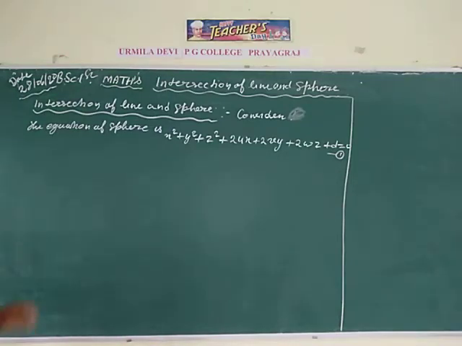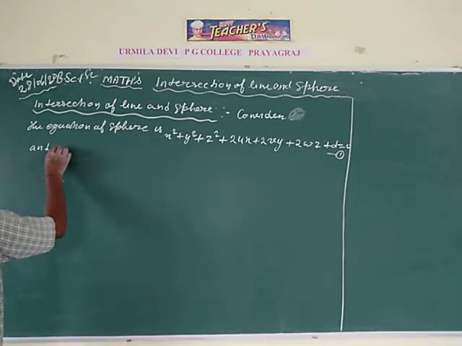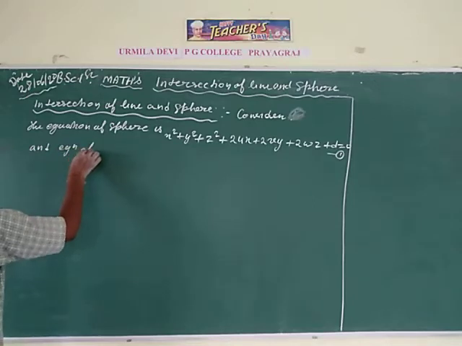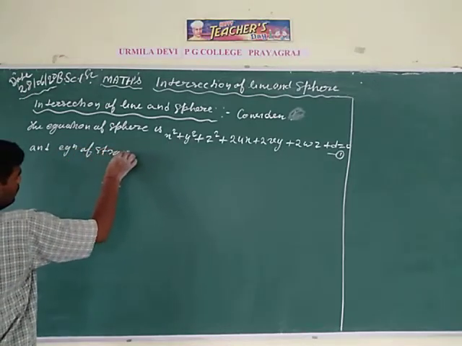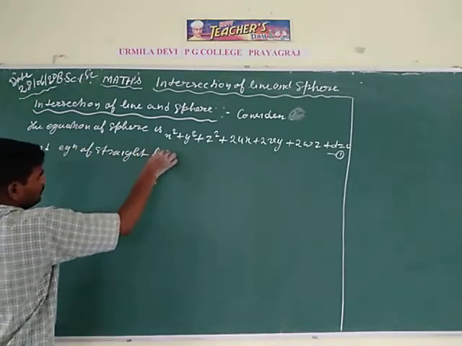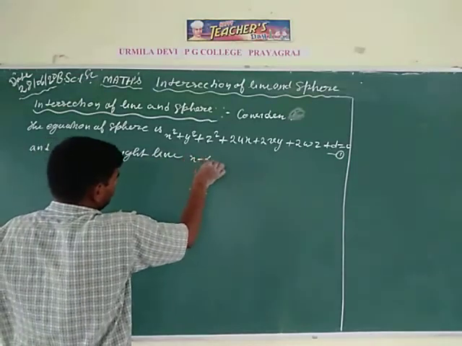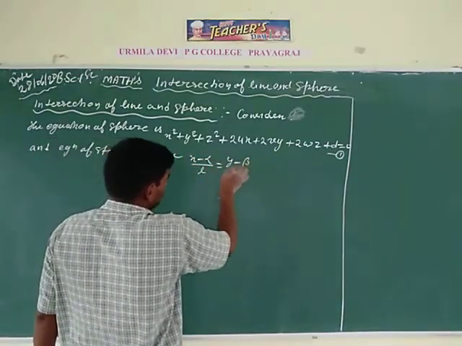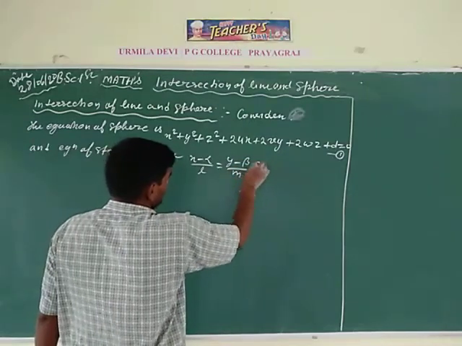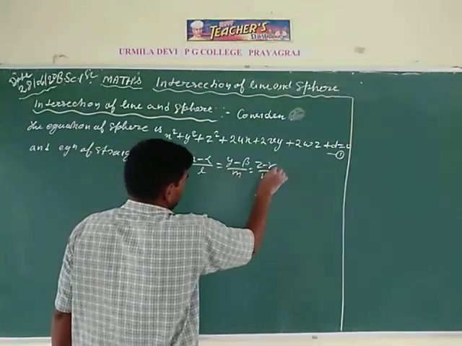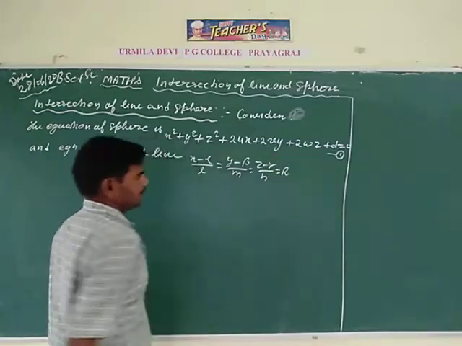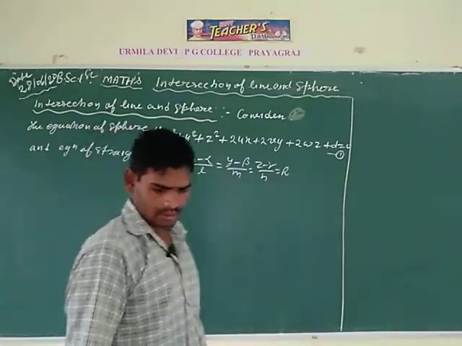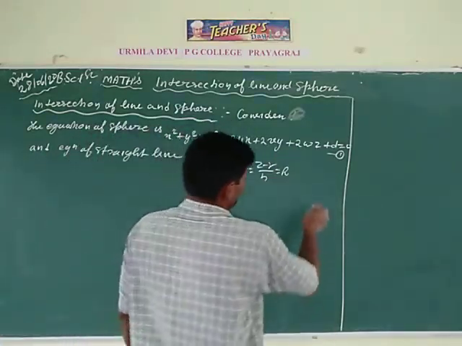And in the second, consider the equation of the straight line: x minus alpha divided by l, y minus beta divided by m, and z minus gamma divided by n. Here, draw a figure.